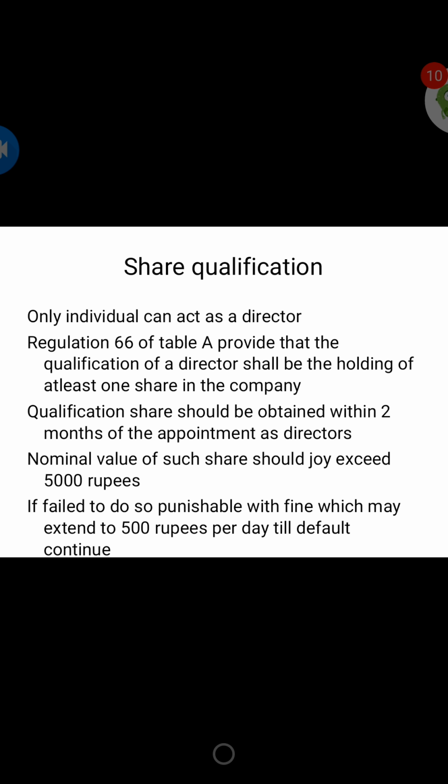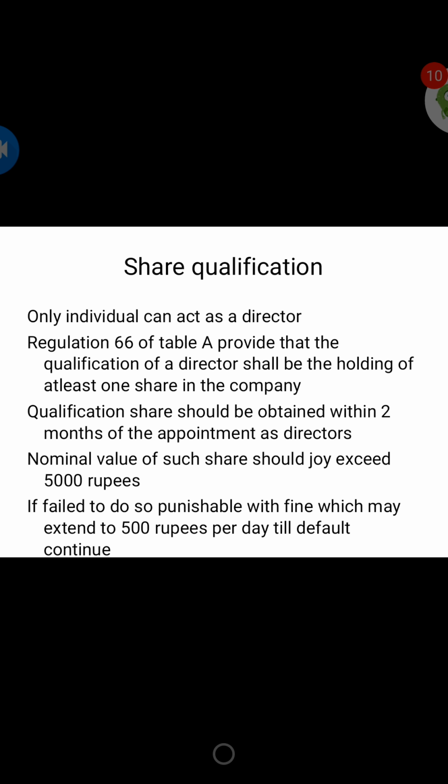The articles of the company generally provide for such a qualification share, so that the directors will have a personal interest in the company. If the director is going to purchase the qualification share, he will be the director of the company.